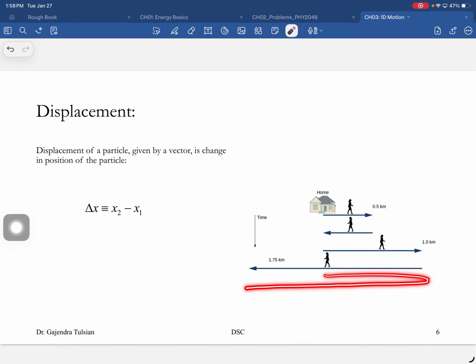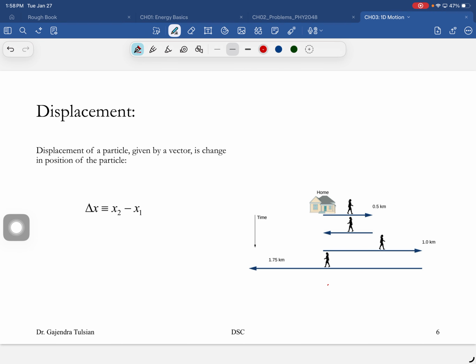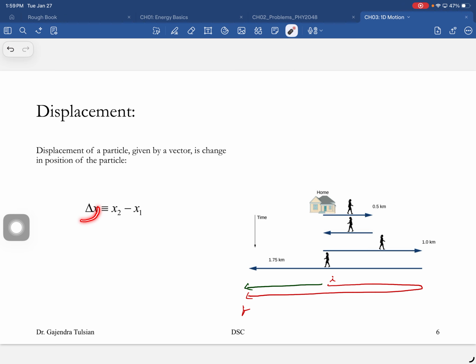And if you remember, let's go back to functions. What does the derivative of a function give you? Rate of change of the function. It is equal to the slope of the tangent line.